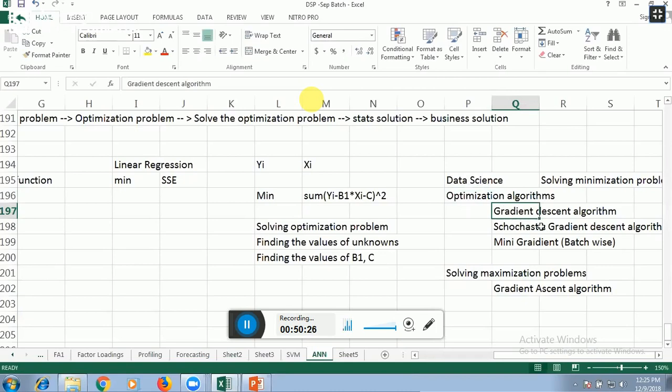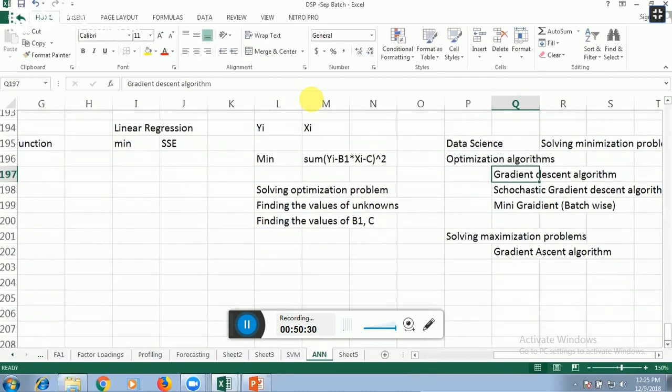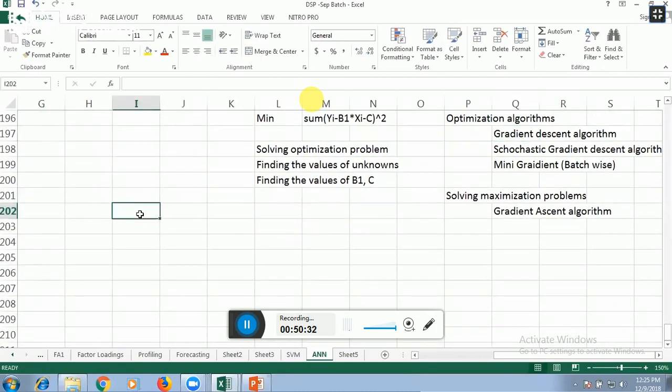So now what is this gradient descent algorithm? The gradient descent algorithm is something like this. First, the objective function. The objective function is nothing but what we also call a cost function. Okay. So what is this objective function in our case in linear regression?